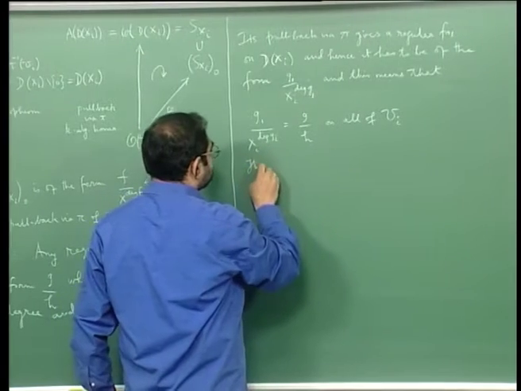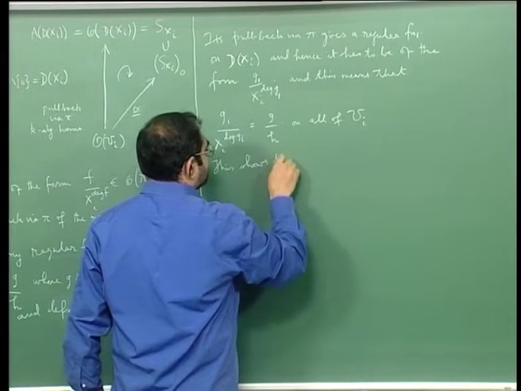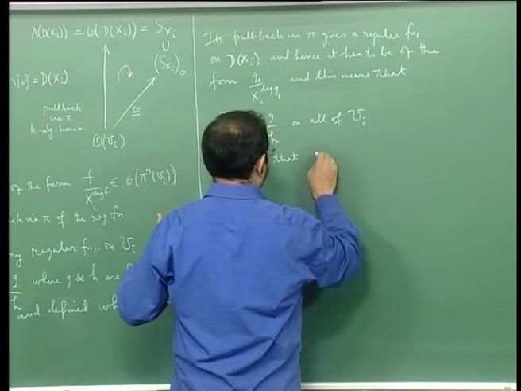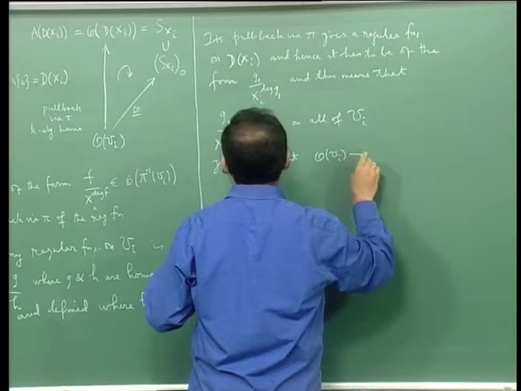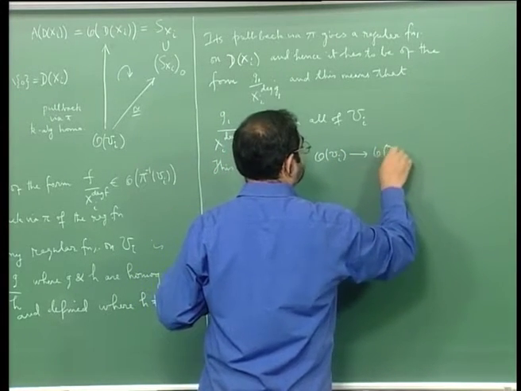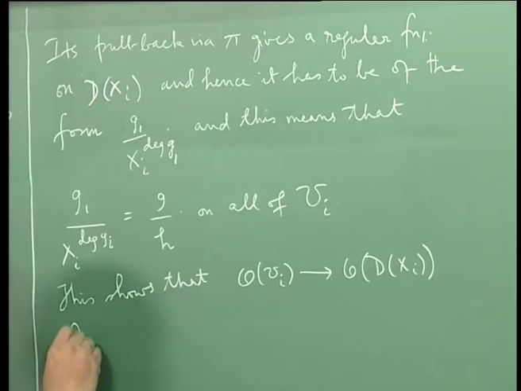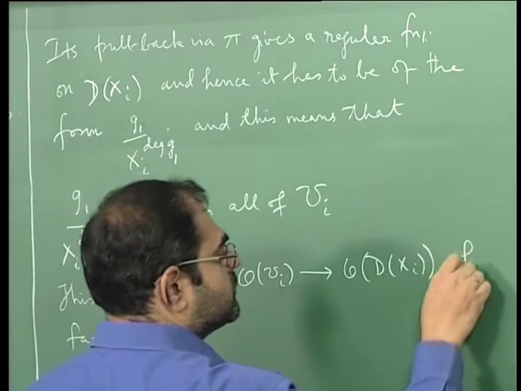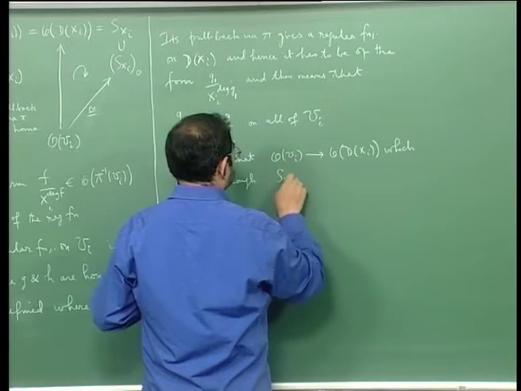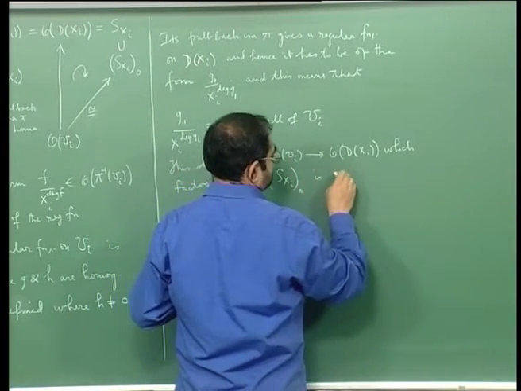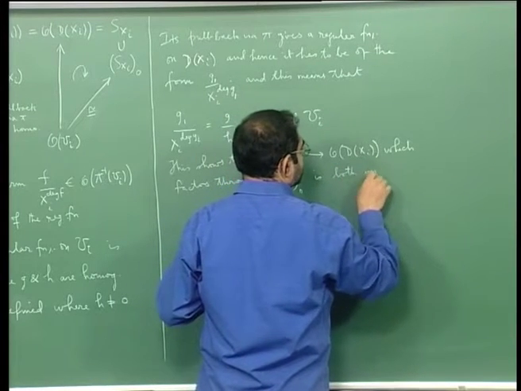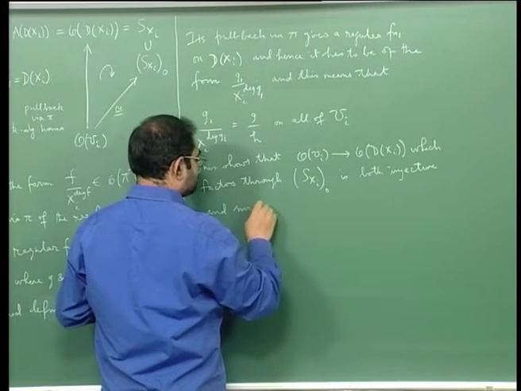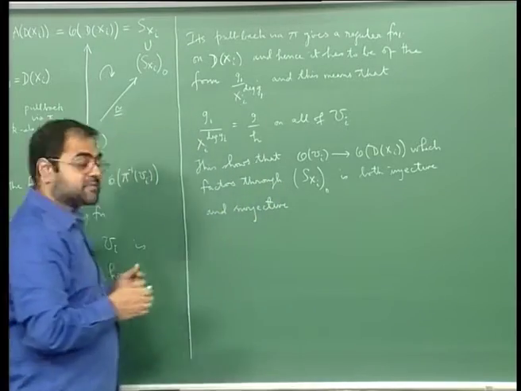This shows that O(Ui) to O(D(xi)) factors through S_xi,0 and is both injective and surjective.